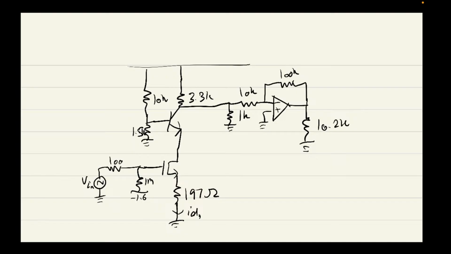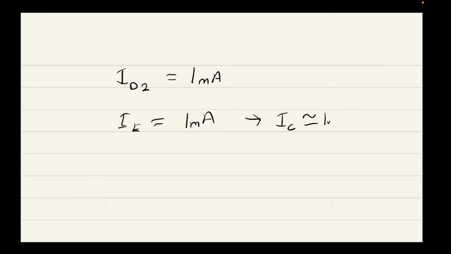So we have ID2 is equal to 1 milliamp. IE, sorry, that's IE, is equal to 1 milliamp. Okay, so we get IC is about beta on beta plus 1 times IE. So we can say from here that IC is about 1 milliamp. This lets us find everything we need.